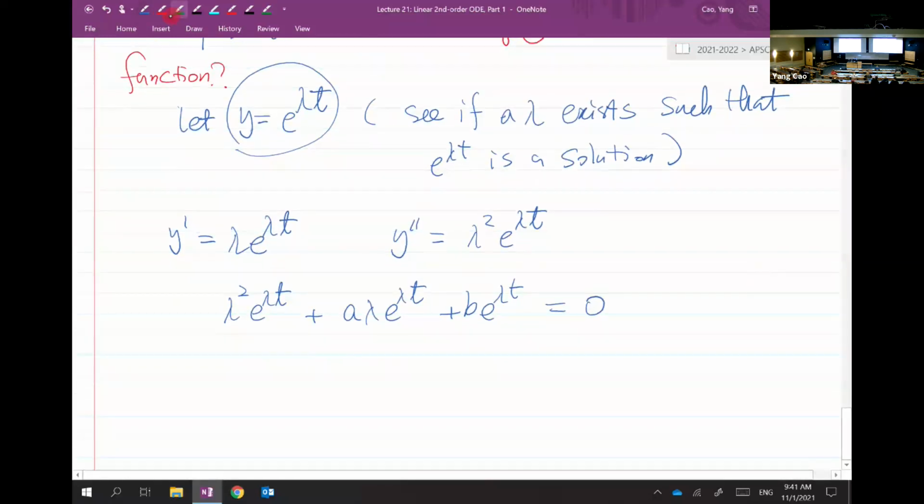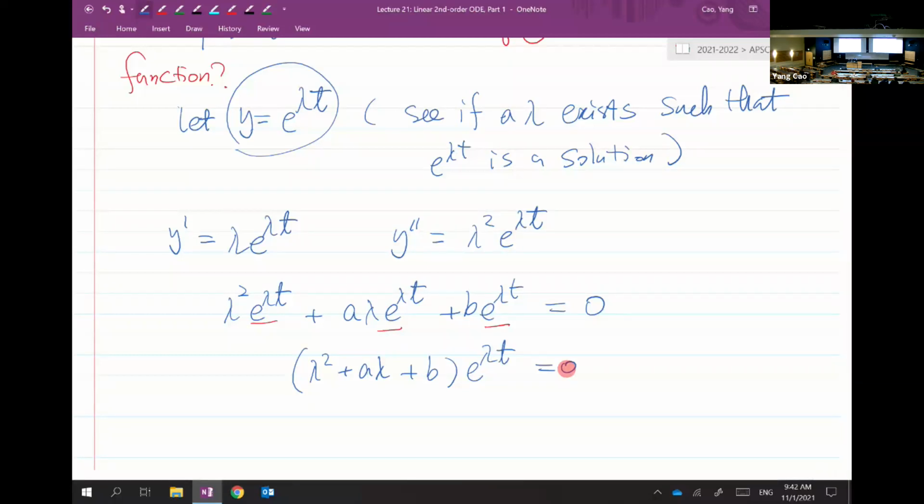And what's nice is you have e to the power lambda t in all three terms. It's a common factor, so you can take this common factor out. And you're left with this expression equal to 0.